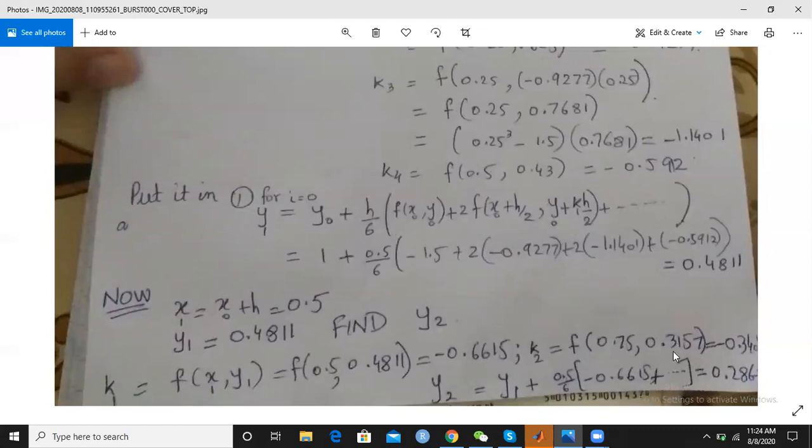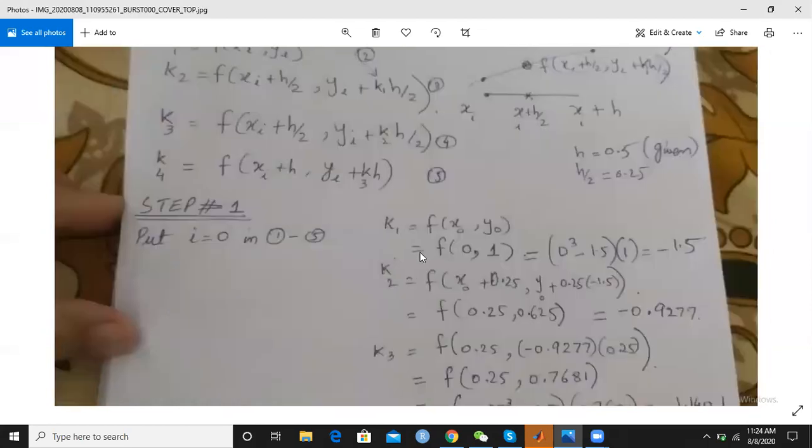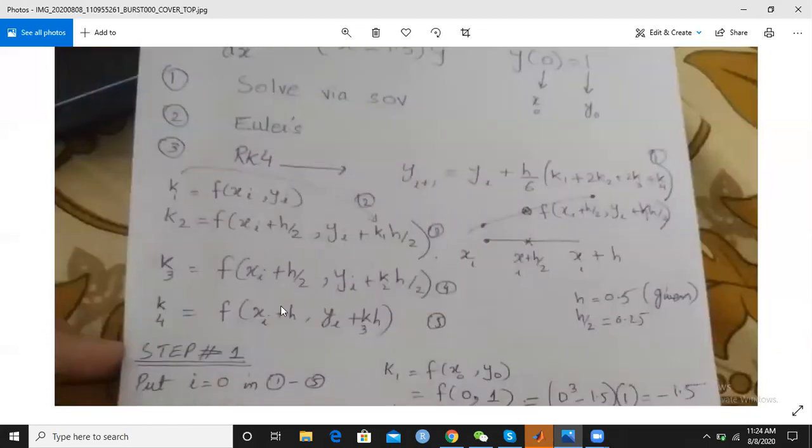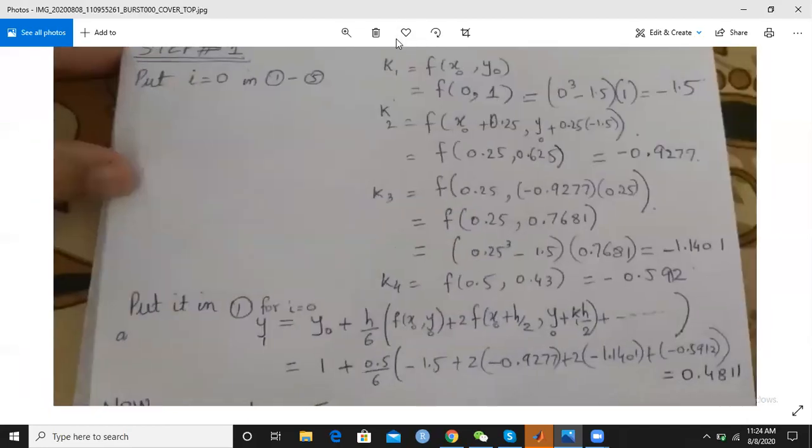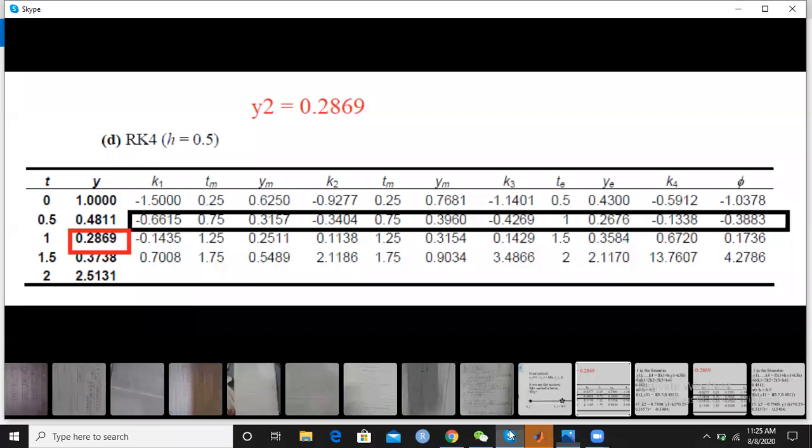All right, so work on this problem and obtain all the values for k1, k2, k3, k4. Keep it in mind that you will update the x1 and y1 in the function, in the formula. You will substitute in this formula i is equal to 1, otherwise you will get the wrong answer. Okay, and you can see that I have already shared with you this table.